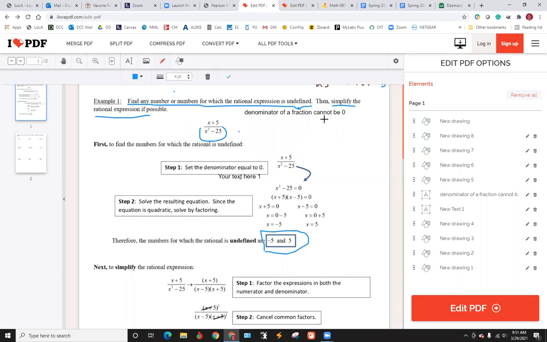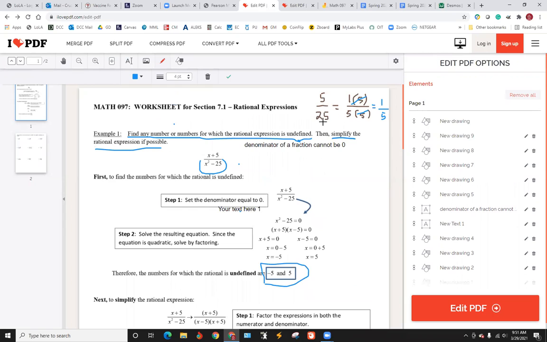We have to be able to factor this. Most people don't do it by factoring because they can just kind of see that there's a common factor of 5. 5 goes into 25 5 times and 5 into itself once. Generally with the polynomials, trinomials, binomials, it's hard to see that unless you factor them.